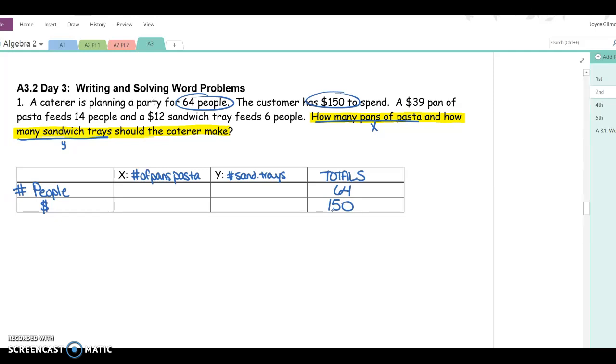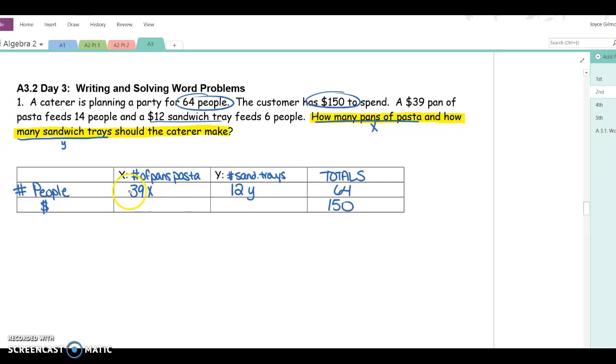So if we do $39 times the number of pans of pasta, that will tell us how many dollars we spend on pasta. Similarly, if we go down to the sandwich trays, $12 per sandwich tray. So $12 times the number of sandwich trays.